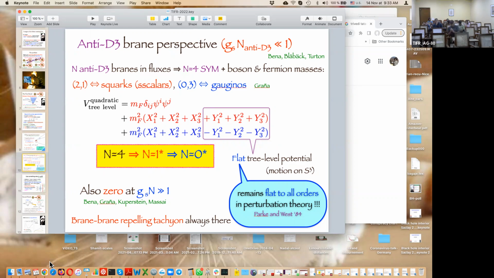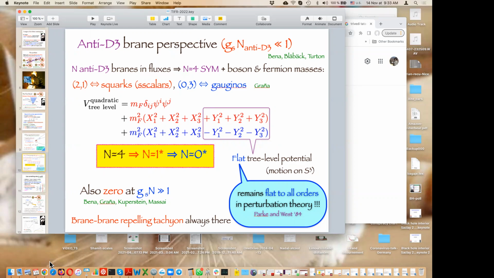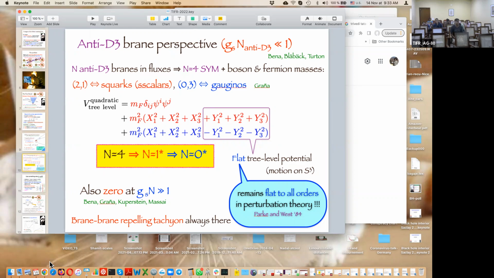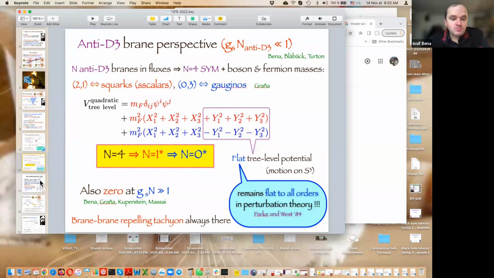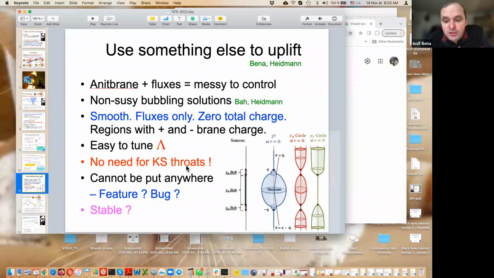If the full potential consists of both the fermionic terms and the bosonic terms, he's looking at the potential for the bosons, the position of the brane. Then that's a bosonic field. Sorry, it wasn't clear.